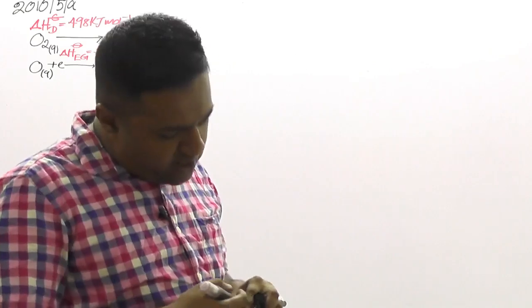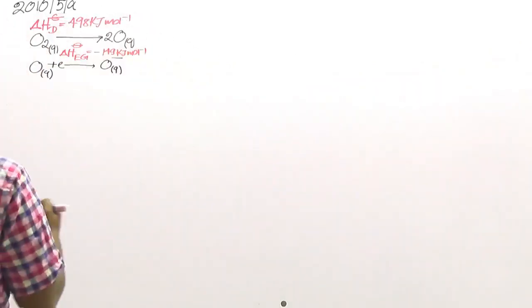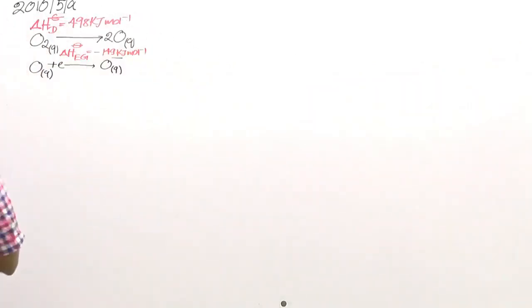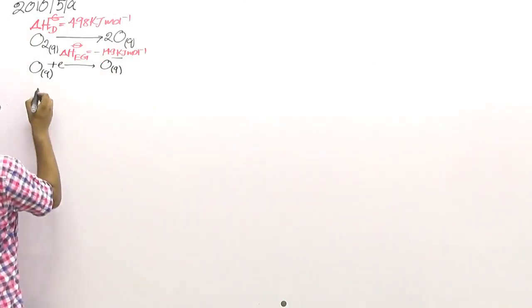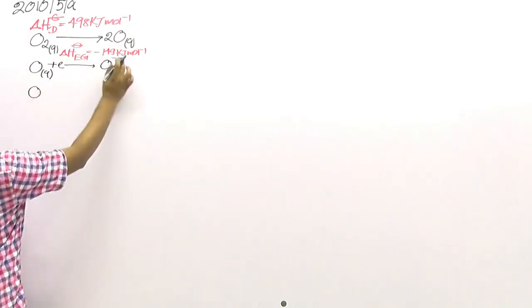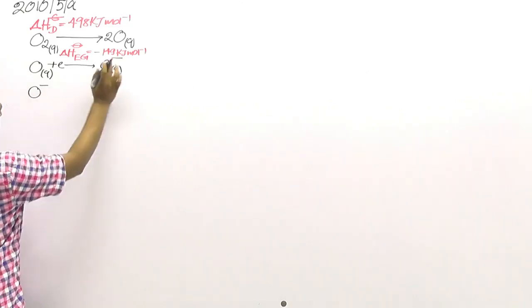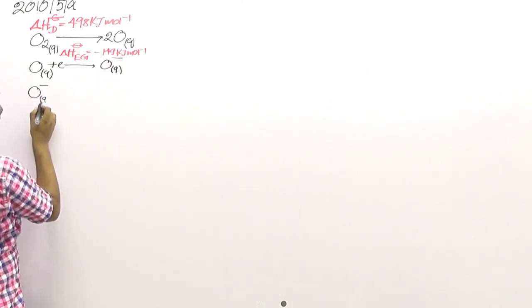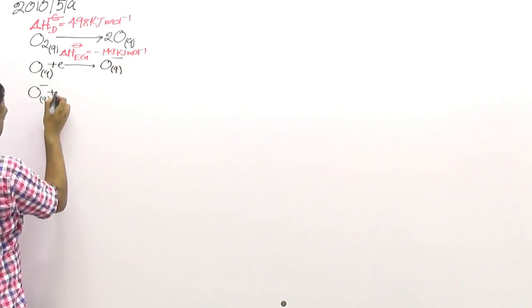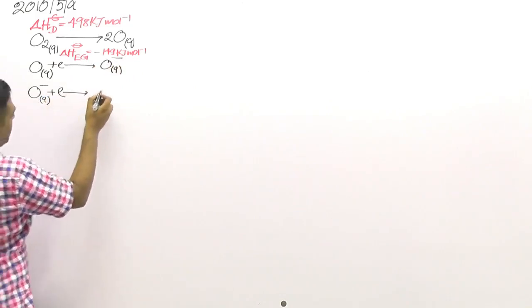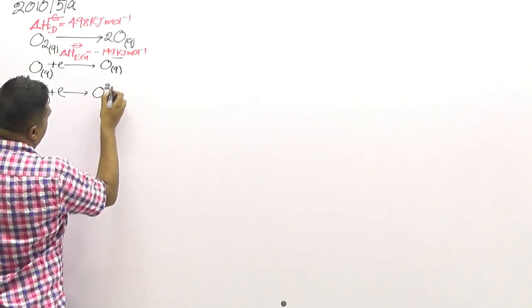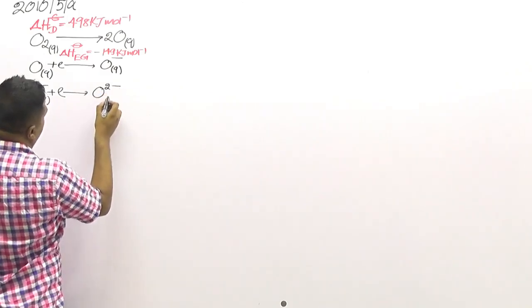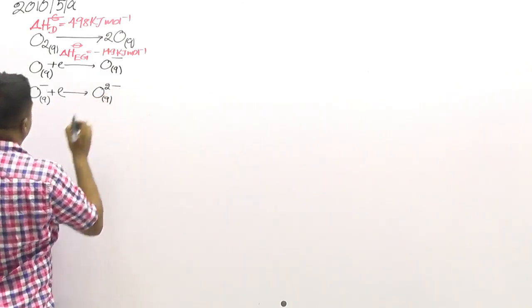Then the second electron affinity means the second electron gain enthalpy. In the second electron gain enthalpy, you take another electron, producing a minus 2 anion.